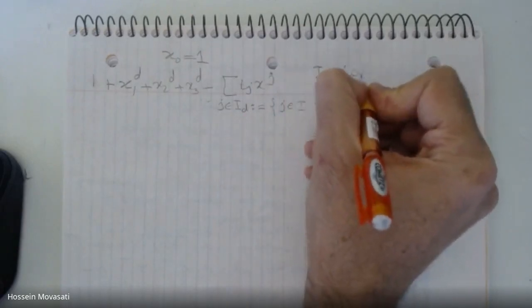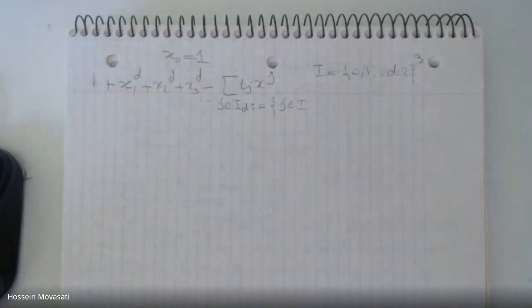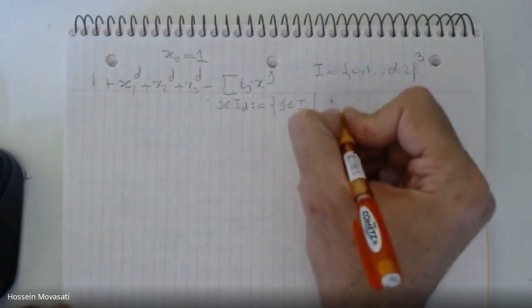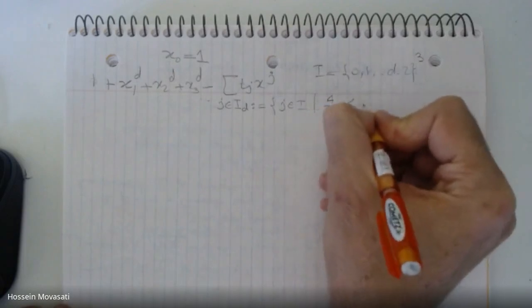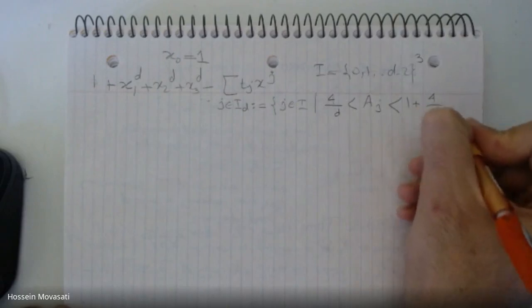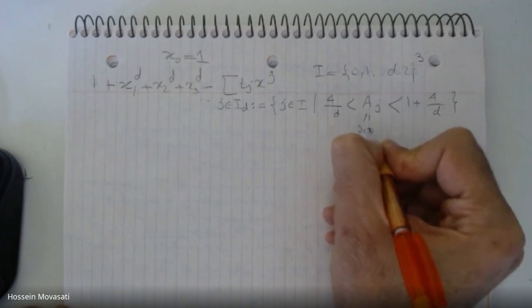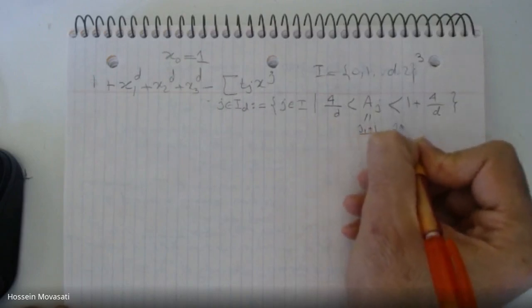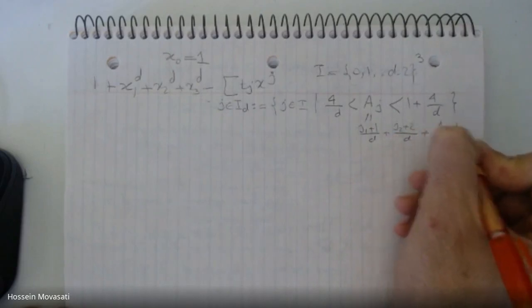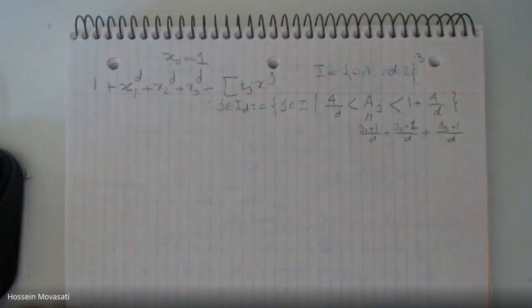Remember that this was g1 plus 1 d, plus g2 plus 2d, plus g3 plus d.